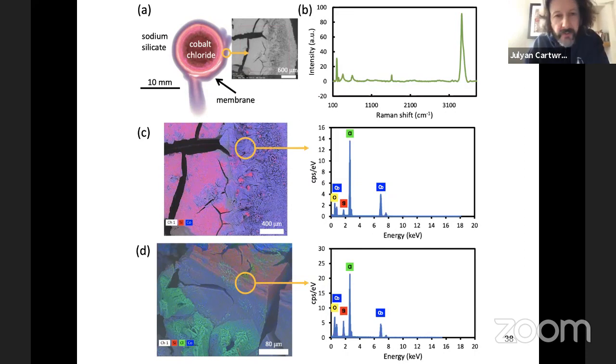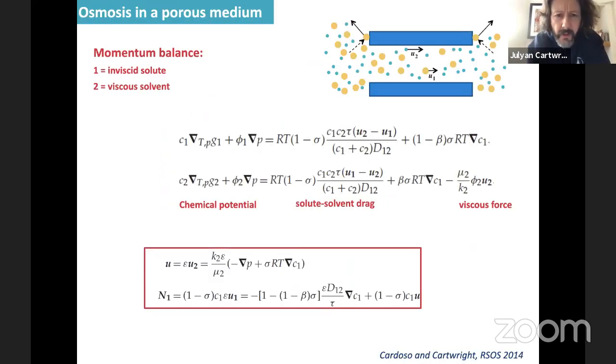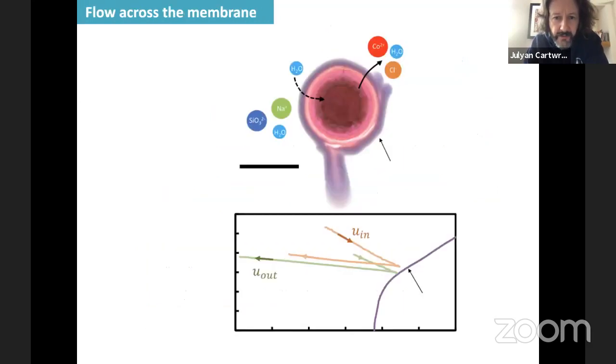Can it be modeled? Well, as I have indicated, yes, it can be modeled. So we need to look at Kedem-Katchalsky type equations, and we need to understand the ingress of certain species into the membrane and the egress of other species, the movement of them across the membrane.